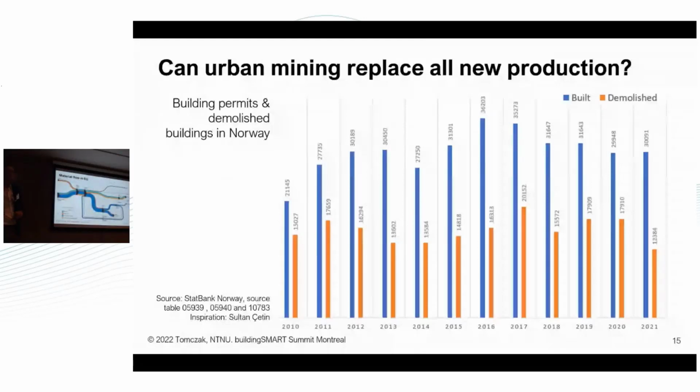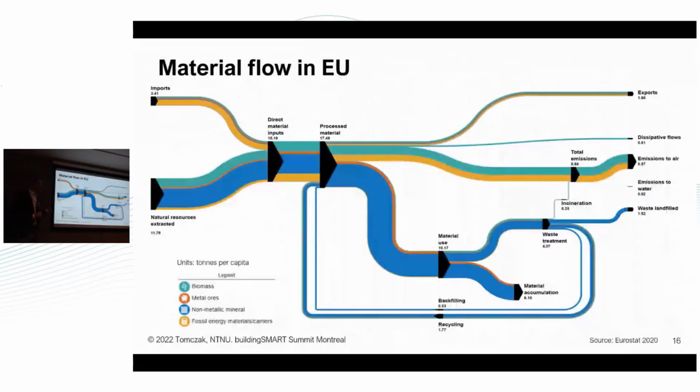And I also have here the material flow. You could see it yesterday for the global perspective. This is for just EU, and it shows how material flows in the industry. It's not related just to construction, it's general material flow. But you can see here that from the initial 15 tons per person per year, only about 1.5 ton gets to the landfill, and more than that gets recycled and backfilled.